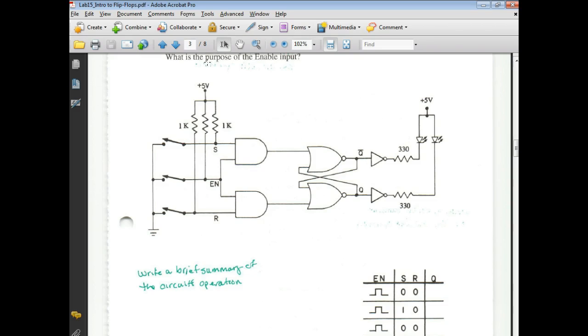My S, I still have it using switch 7. That's pin 2. In my R, I'm using pin 5. My enable, I'm using switch 5.